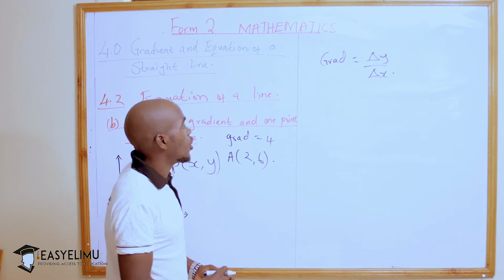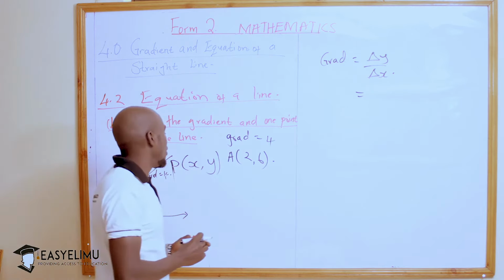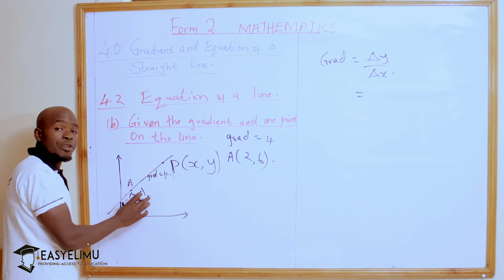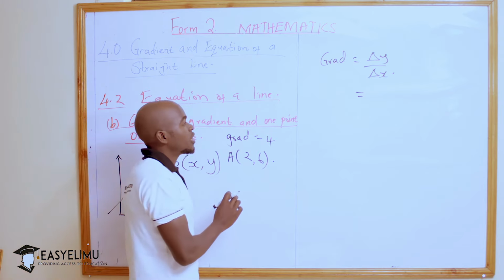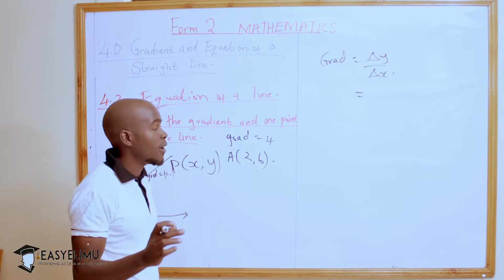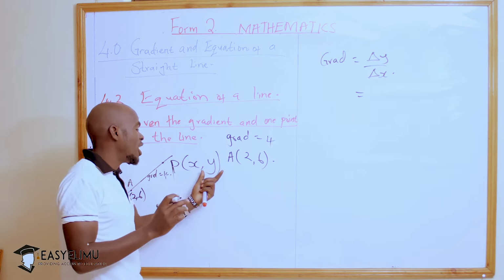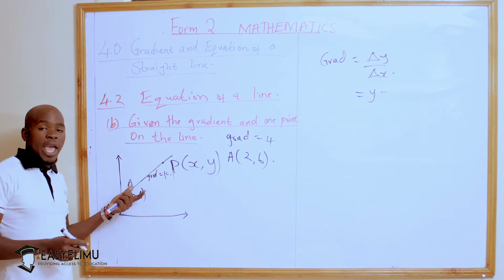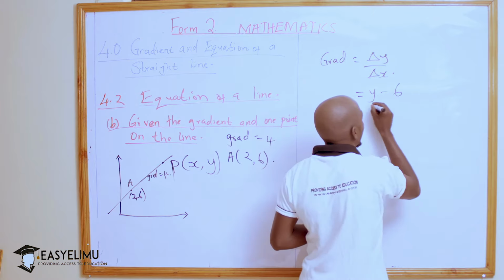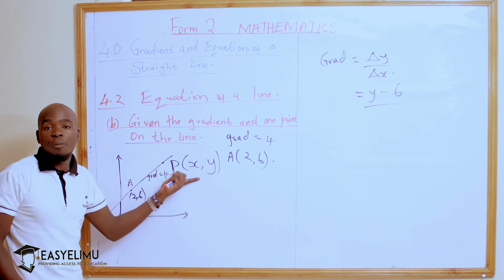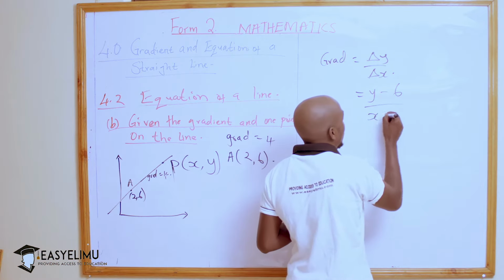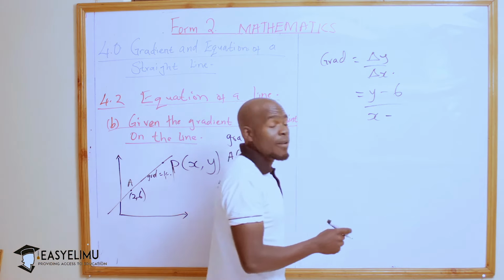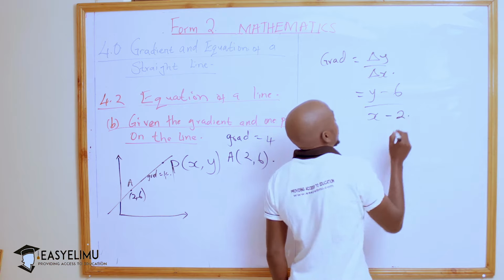So the change in vertical displacement will be the coordinates of P minus that of A. We take the y coordinate of P, which is y, minus the y coordinate of A, which is 6, over the x coordinate of P, which is x, minus the x coordinate of A, which is 2.